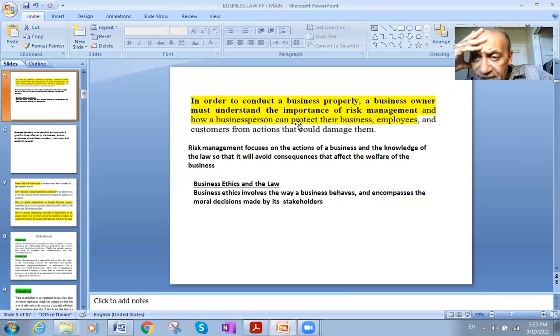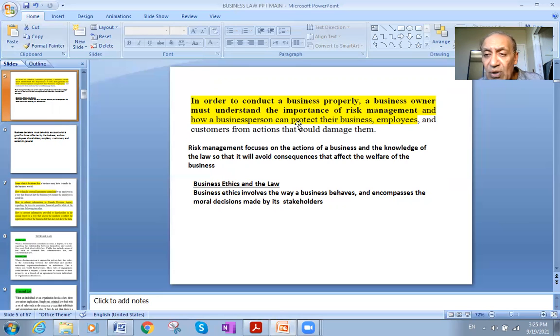This we call risk. Risk is the gap between the standards, or the planned, and the actual results. So risk equals standards minus actual results. Risk means the difference or the gap between the expected and the actual.